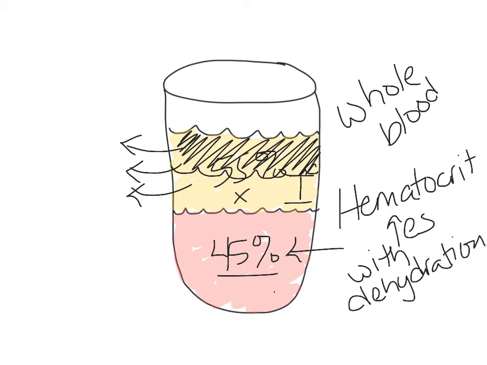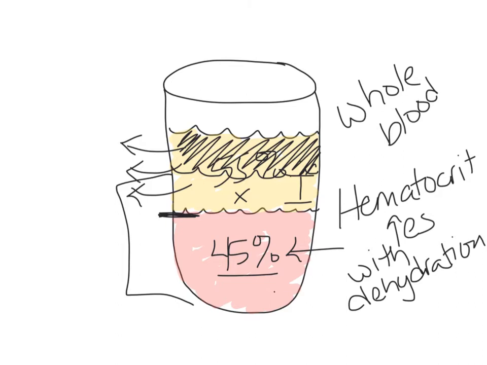Because you lost fluid, now the red blood cells are a higher percentage of what's left. What could decrease this percentage here? If you have overhydration, and you're absolutely right, if you have overhydration, then for sure, now that percentage is going to go down. That's one way.